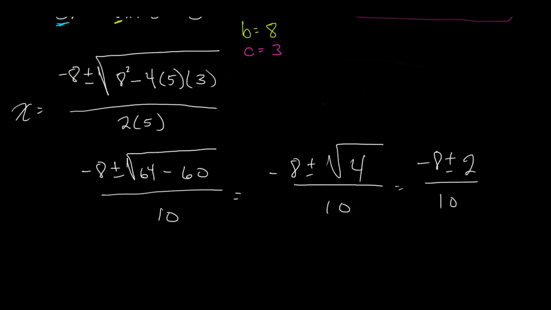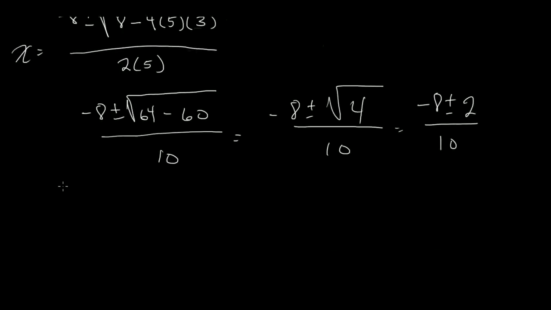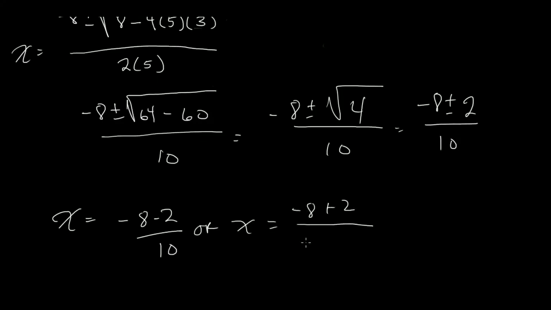So what we have is two values. x can be negative 8 minus 2 over 10, which was our lower valued root. But x can also be negative 8 plus 2 over 10.